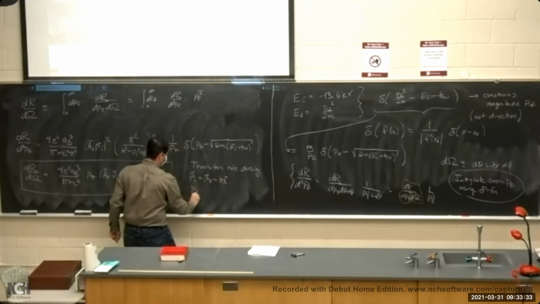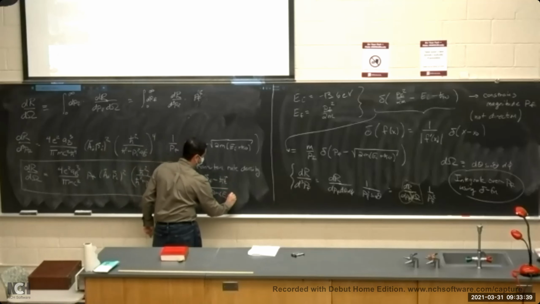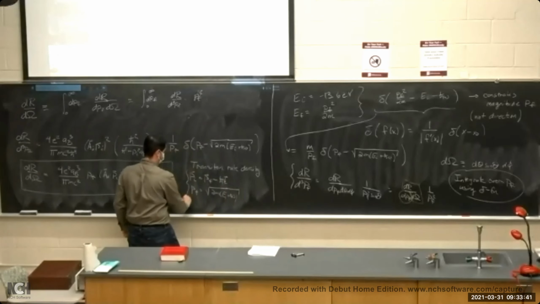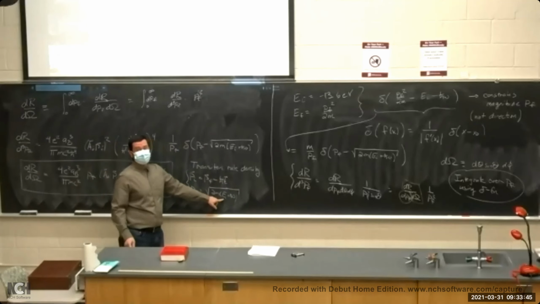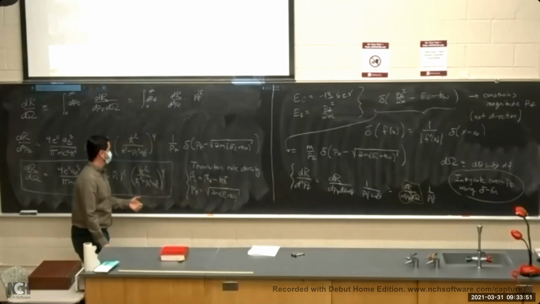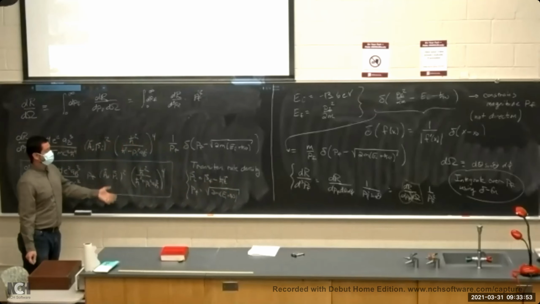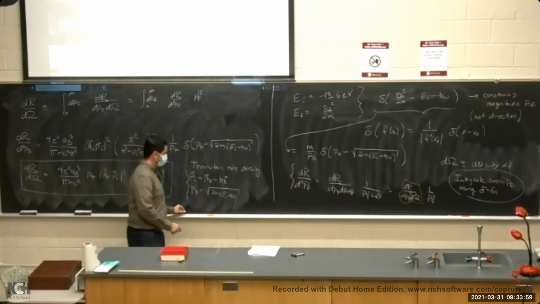And the magnitude of p final was the square root of 2m(E initial plus ħω). So if I know my initial conditions, I know the initial energy, I know how much energy and momentum the photon added, then all of these things are completely determined. But if I wanted to plug all of this back in terms of sine theta, cosine theta for the direction of p final, it would be a bit complicated.